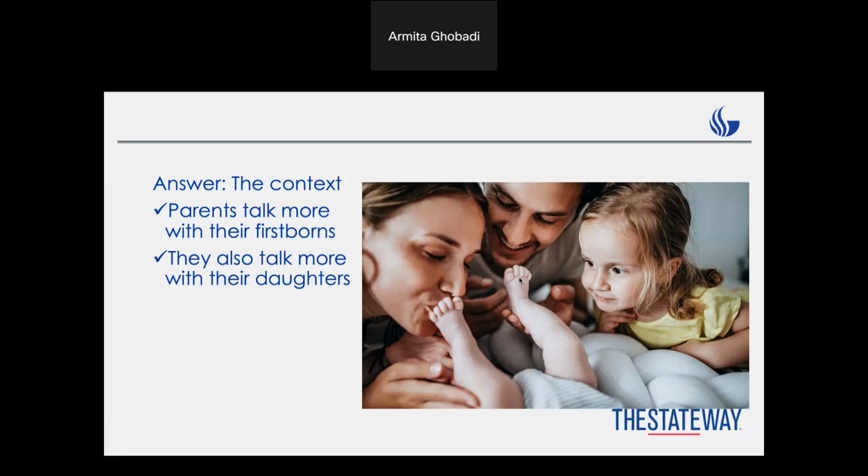Back to the context and the role of SES, socioeconomic status. Children from high SES families have a better neighborhood, a lot of resources, go to a better school, and have competent peers.